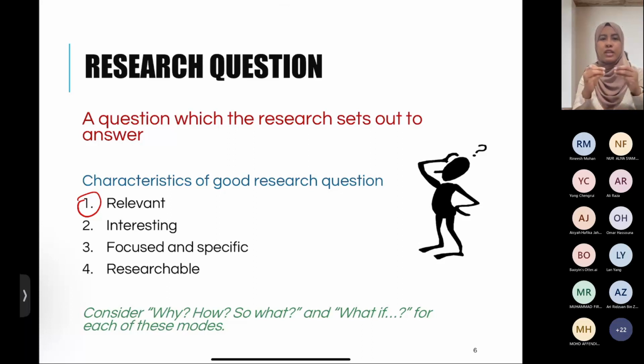Why I put interesting here is, if your research question seems very straightforward, like if you Google it or search on it, you will find the answer, then why would you want to spend 2 semesters doing research about it? So it's not that interesting. You have to make the research question that you come up with really interesting and really targeting your objective.